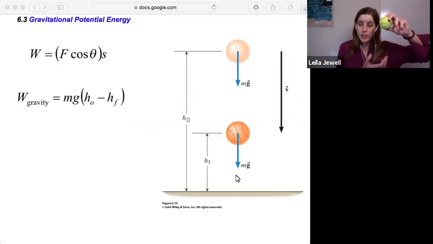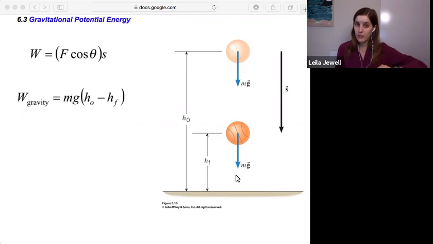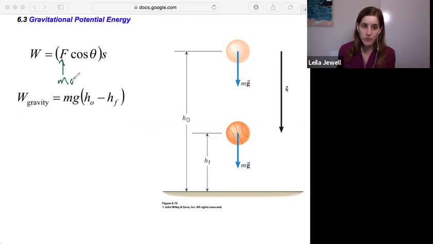If that object is moving down in the same direction as the gravitational force, then we could calculate the work done by gravity by knowing that the work done by gravity will be the gravitational force, mg, times the cosine of the angle between the force and the displacement. So assuming we're going down, they're in the same direction.